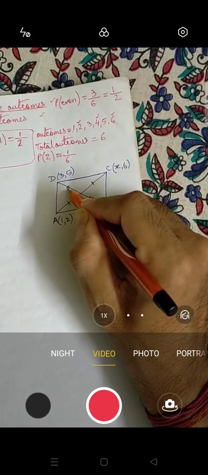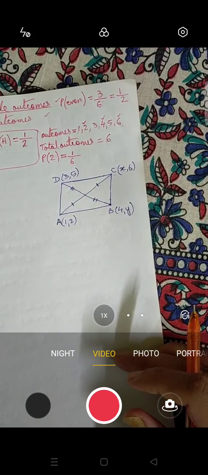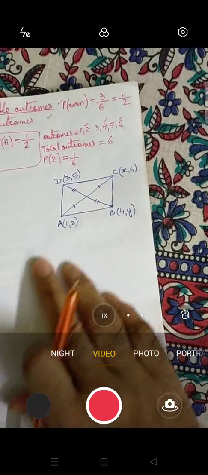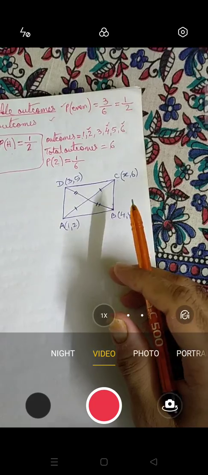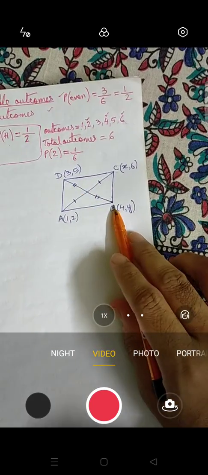Yes or no? You have studied in class 9, even in class 8 also you have studied. Diagonals of a parallelogram bisect each other.